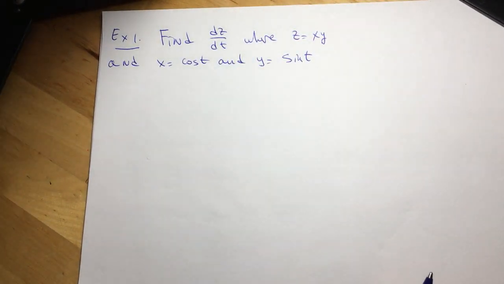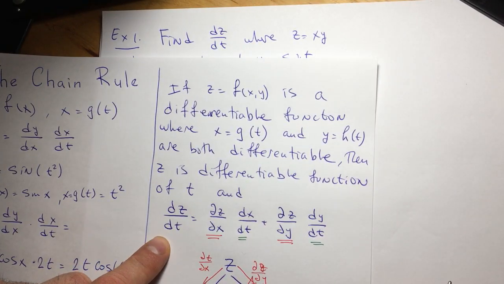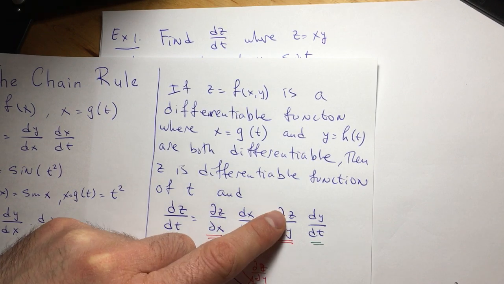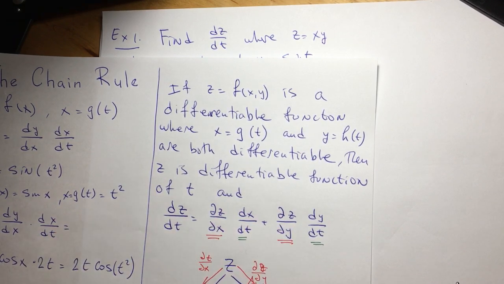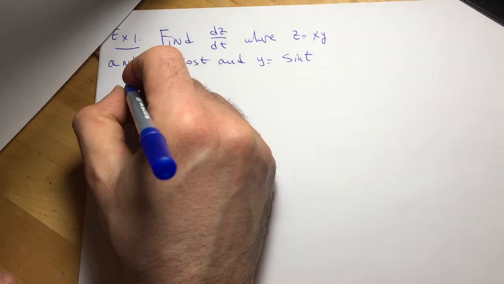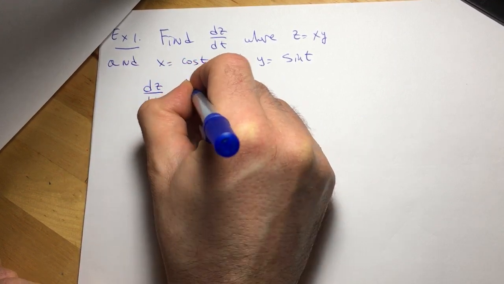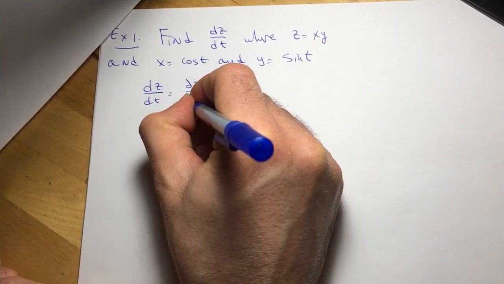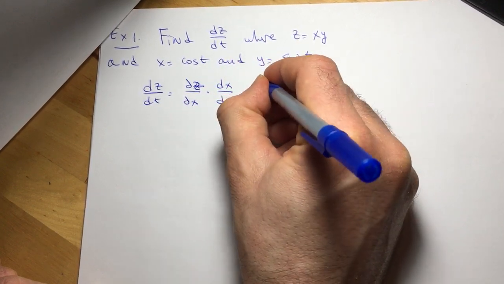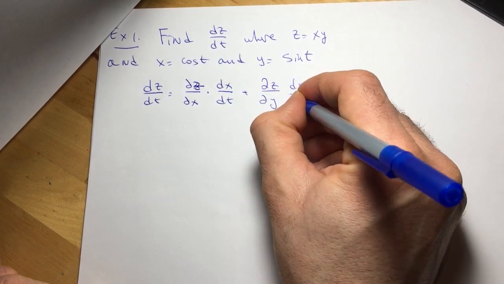Okay, so by this formula right here, dz dt is partial z partial x dx dt plus partial z partial y times dy dt. I'll write that formula here so that we can follow it: dz dt is equal to partial z partial x times dx dt plus partial z partial y dy dt.